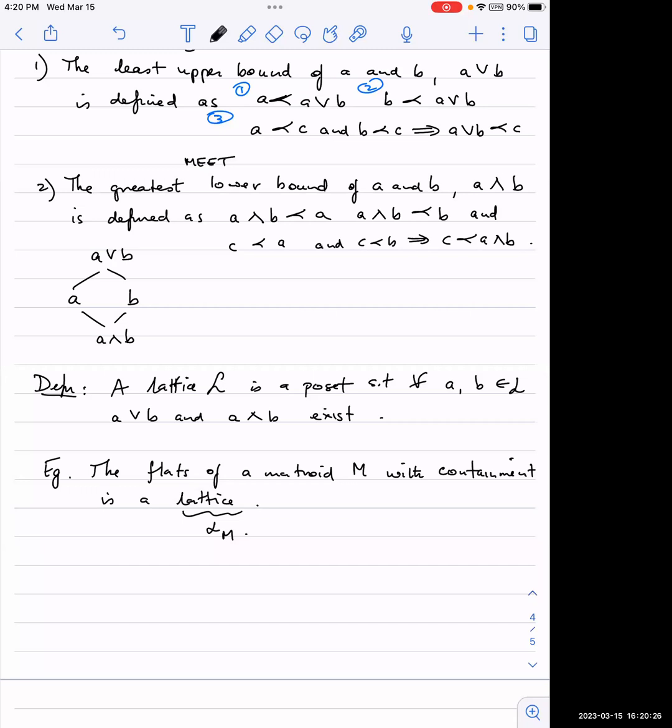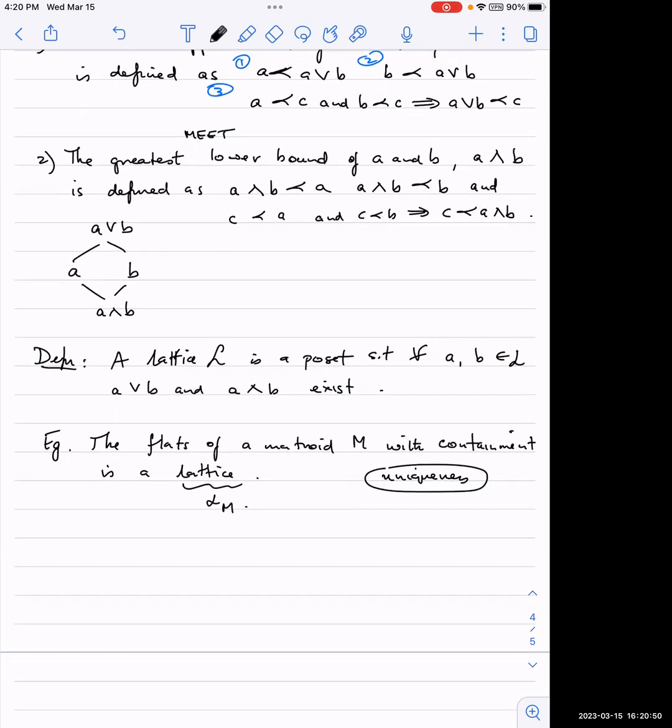Sandra, I think that if you were to have two different meets, your definition of meet would mean that they need to each be less than each other, and then by antisymmetry, they'll be equal. Yeah, I think that tracks. Thank you so much.